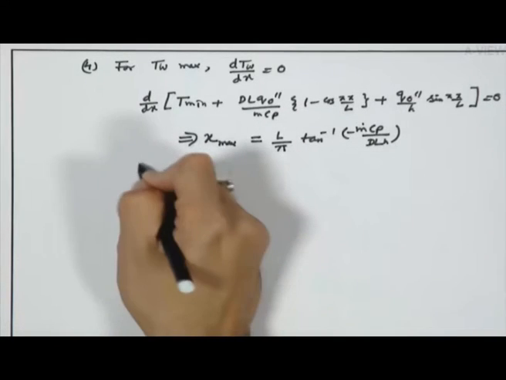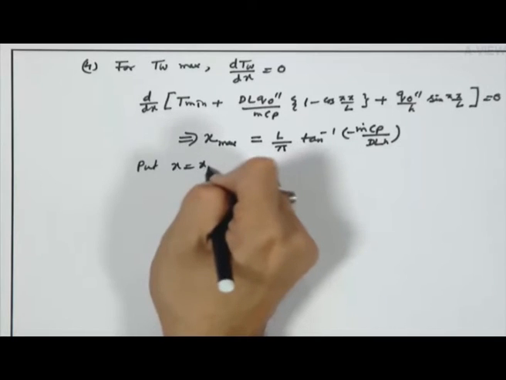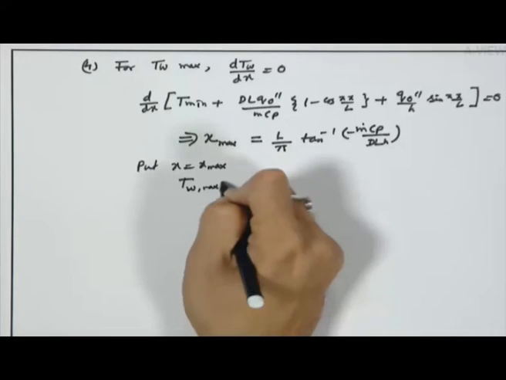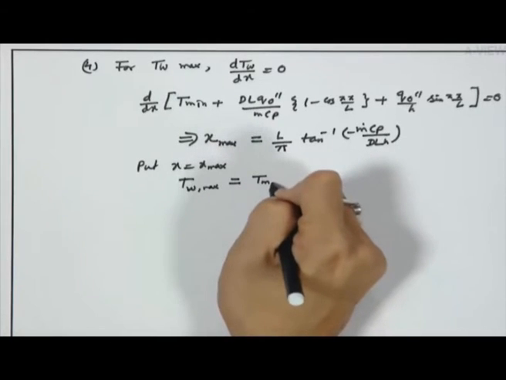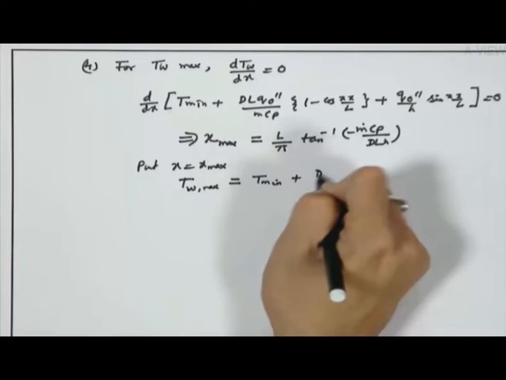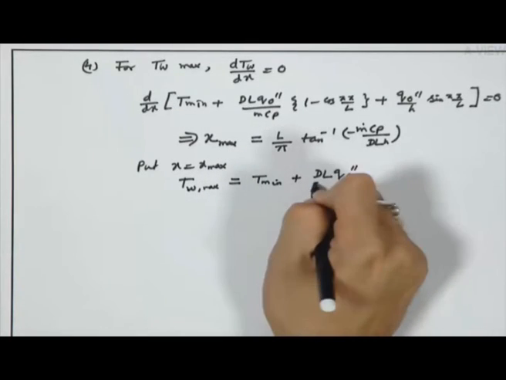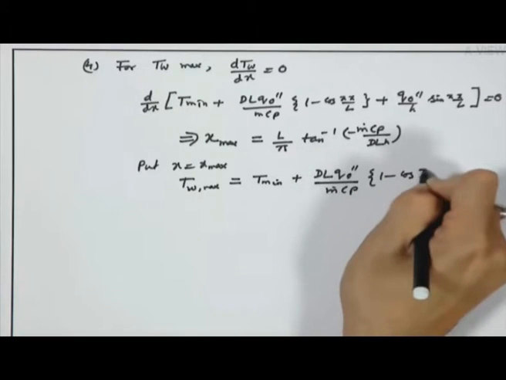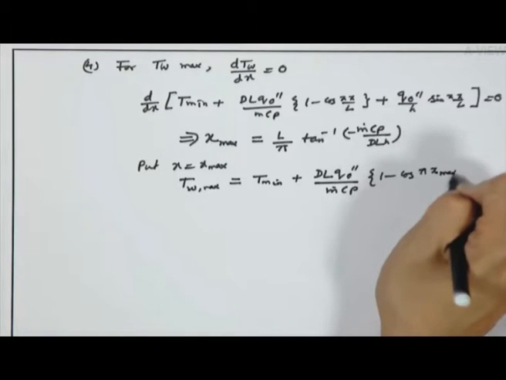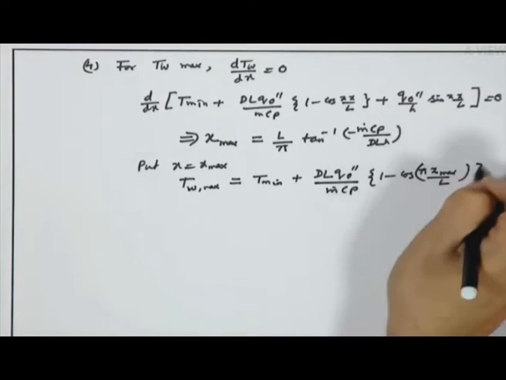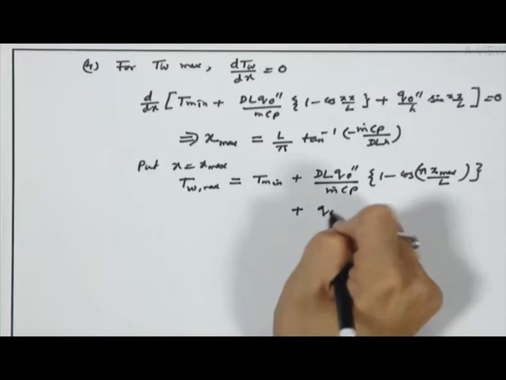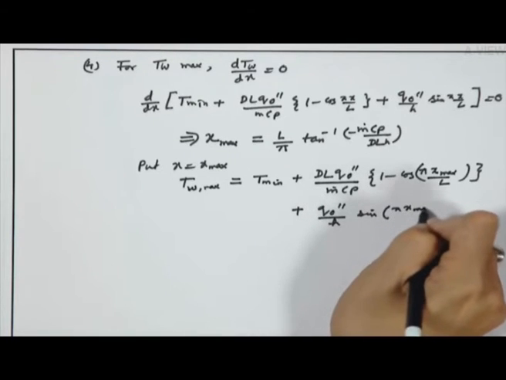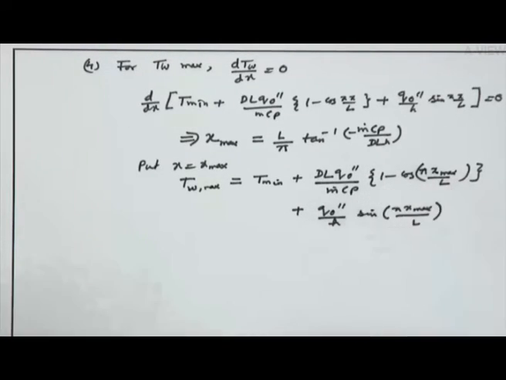And if you put x equal to x max, you will get T wall max, which is equal to Tm in plus dL q0 by m dot Cp into 1 minus cos pi x max by L, plus q0 by h sin pi x max by L. Okay.